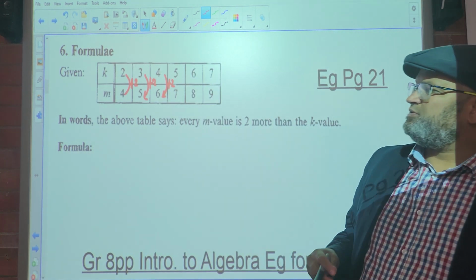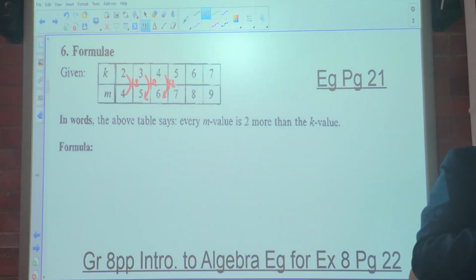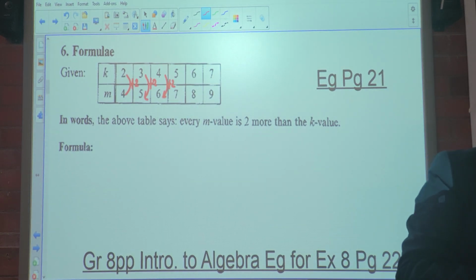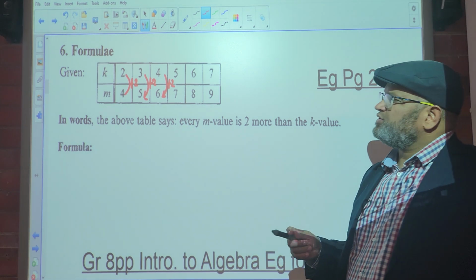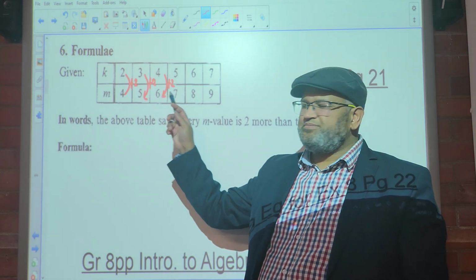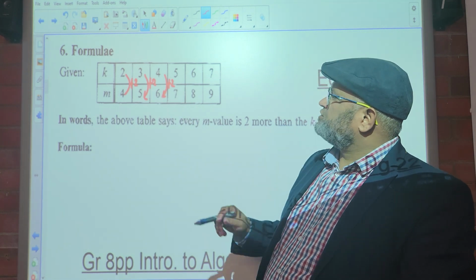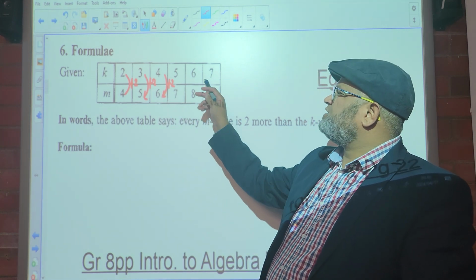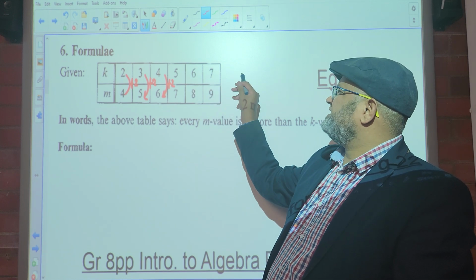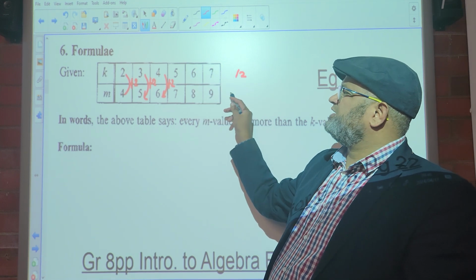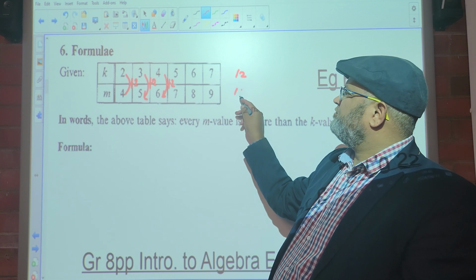So what we want to do is write this now as a general rule. Okay, and the general rule is called a formula. So, in future, if I choose, for argument's sake, the number 12, then the corresponding m value is going to be 14.